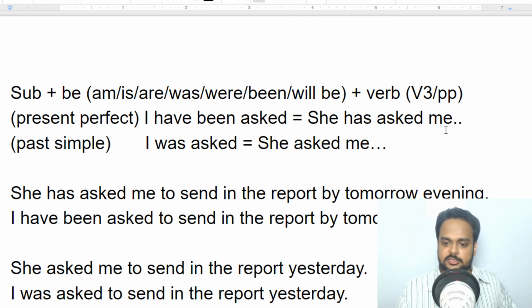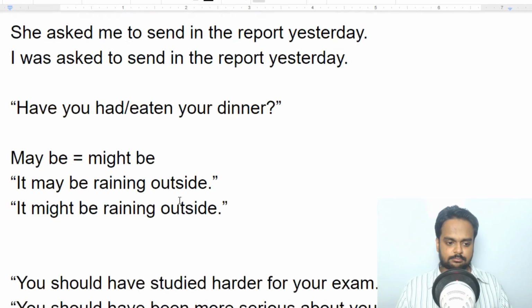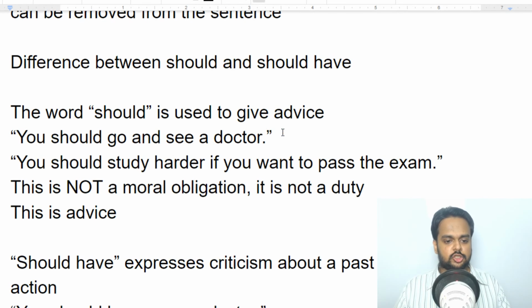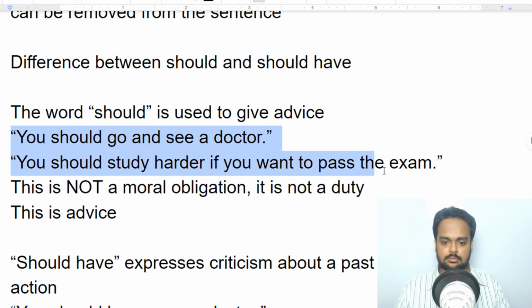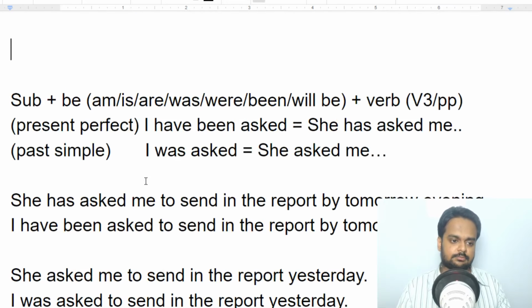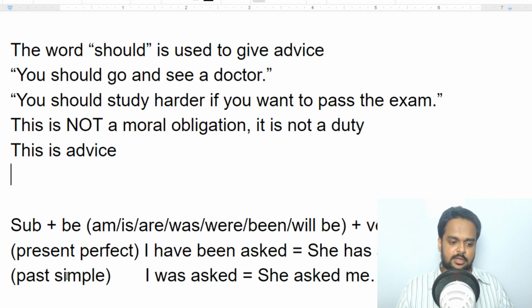Okay, Jibin asks, what is the difference between must be and should be? Now, we just discussed should a little while ago, and I said that should is used to give advice. So should is used to give advice.